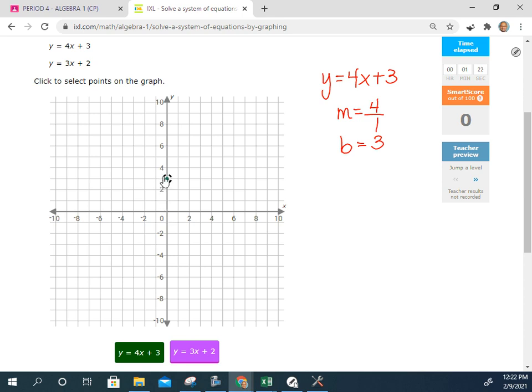1, 2, 3. Now we do the slope. The slope is 4 over 1. So you go up 1, 2, 3, 4, and to the right 1. Notice that it did the graph for you. Once you put that second point down, it'll do the rest. So there's the first line. Now we click the other button to do the second line.